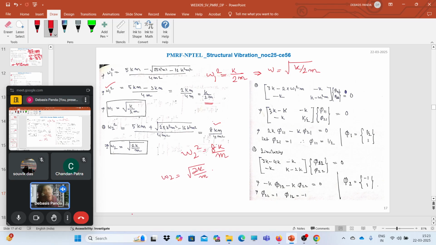Now our goal is to find the mode shapes and normalize them with respect to mass.